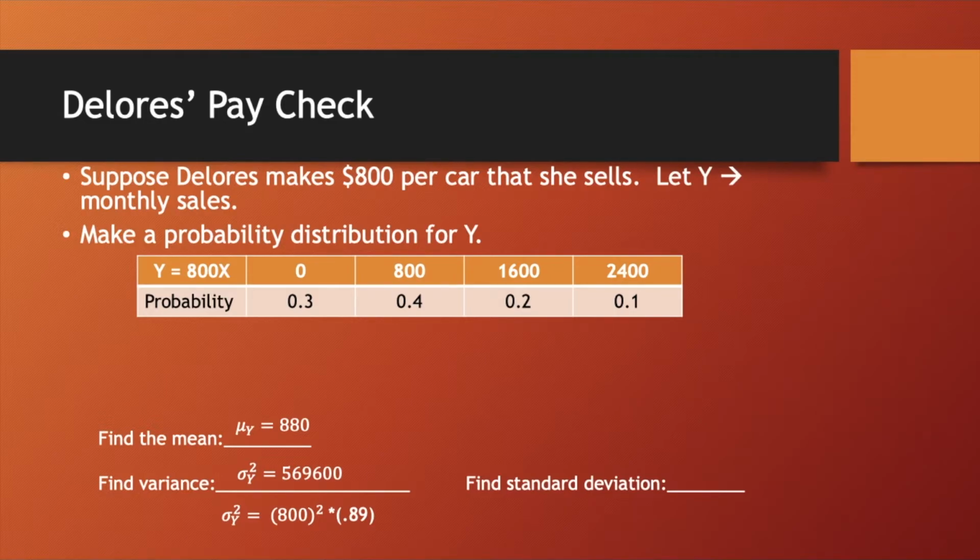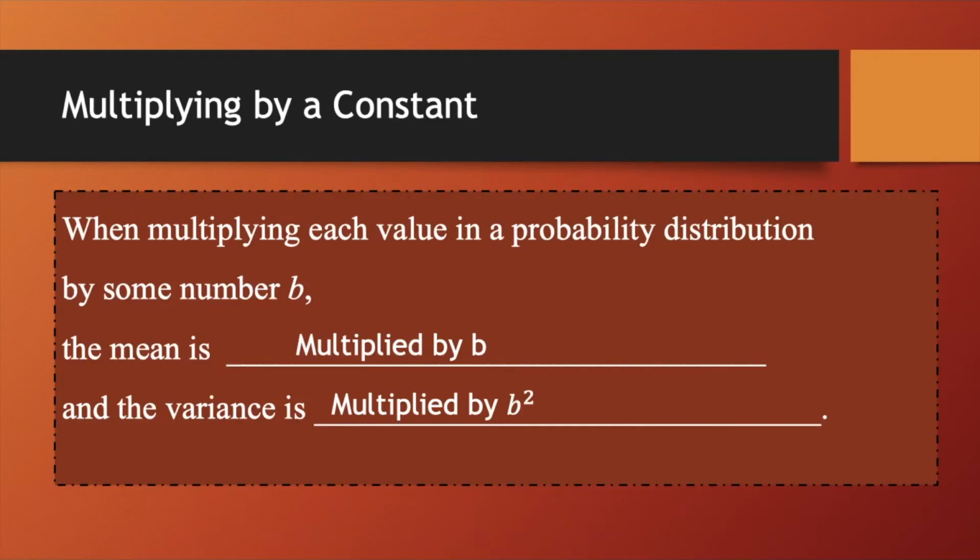So that squared relationship in the variance formula holds true for multiplying by a constant. Then to find the standard deviation, I take the square root of 569,600, and I get 754.7.